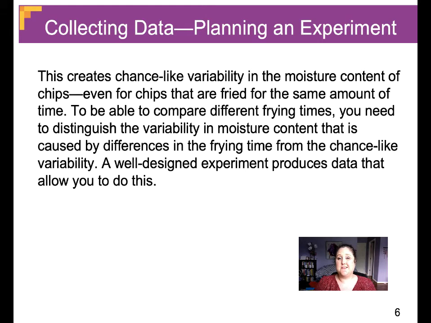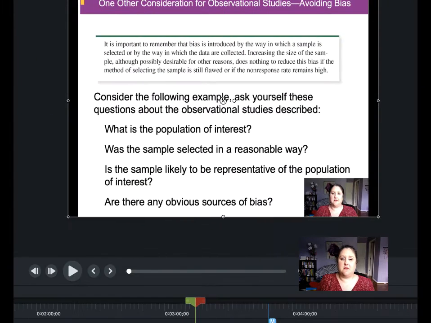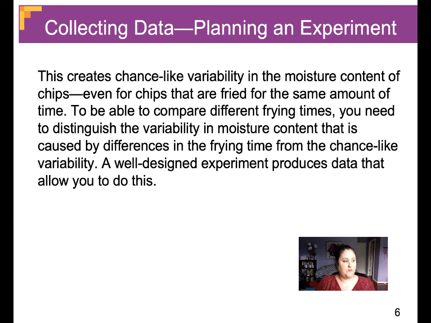So in this case, the moisture content of the chips. Even if you're frying chips for the same amount of time, there still could be some variability that just happens by chance. So in order to make the best comparison between the different experimental groups, you want to make sure that you can account for all of this chance-like variability.